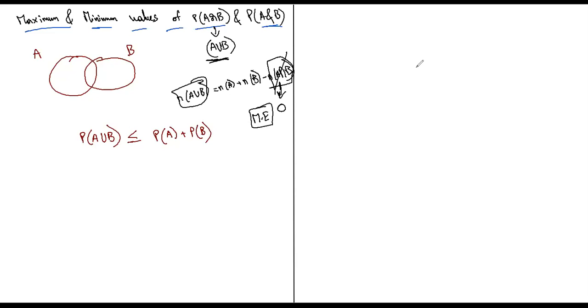But now there is one problem. The problem is it is not necessary that the events are always related in this way. I'll give a small example.